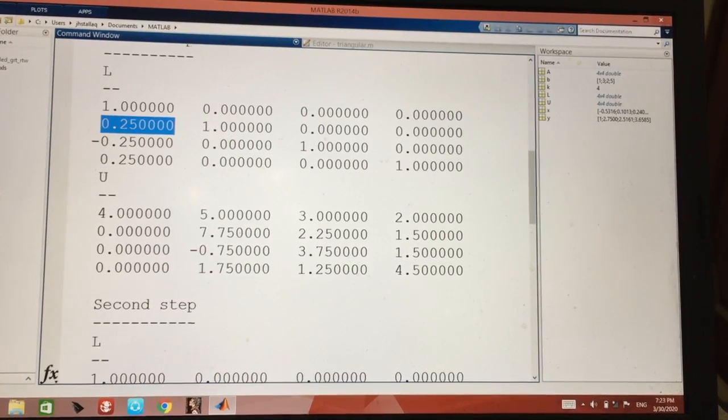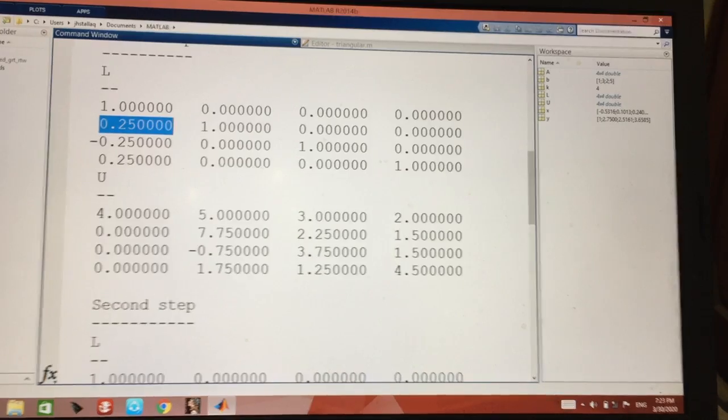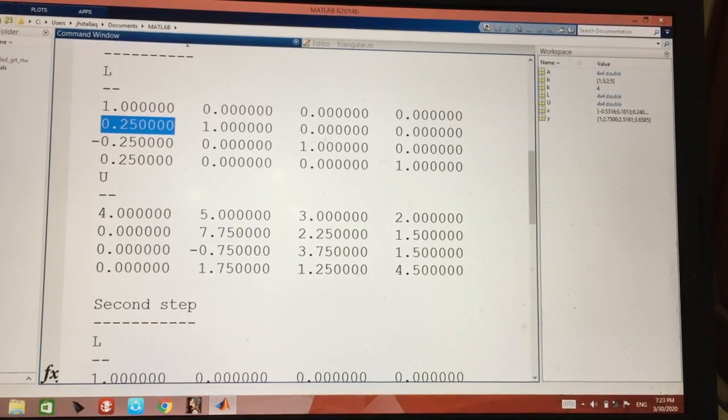Now, when we come to the second part here we have -1. So we multiply A1 row, 4, 5, 3, 2, times A31 divided by A11. And A31 is -1. So -1 divided by 4 will be -0.25. And if we look at this -0.25, it's in here.